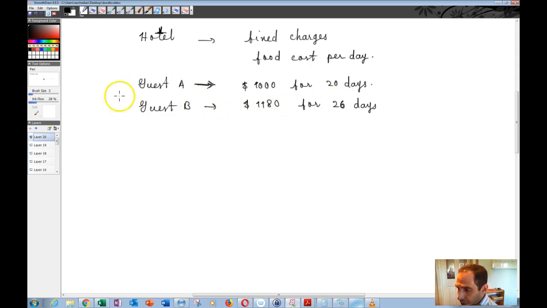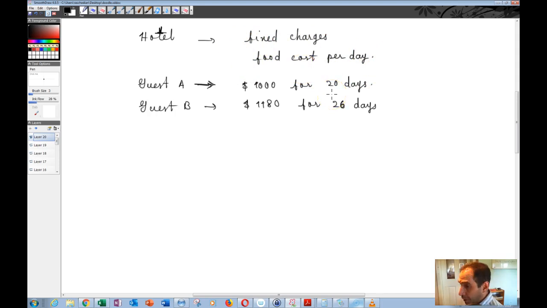We have another guest B, that has stayed and eaten for 26 days, and he has had to pay $1,180. And it seems that at this imaginary hotel there are no charges for staying. As long as you pay your fixed charges, you can stay as long as you want, and then you just pay for your food per day.